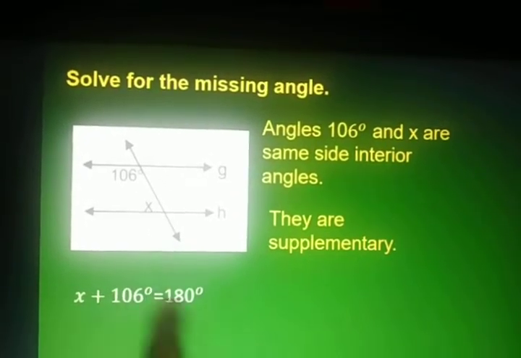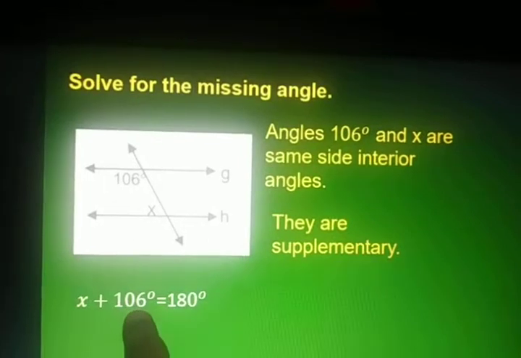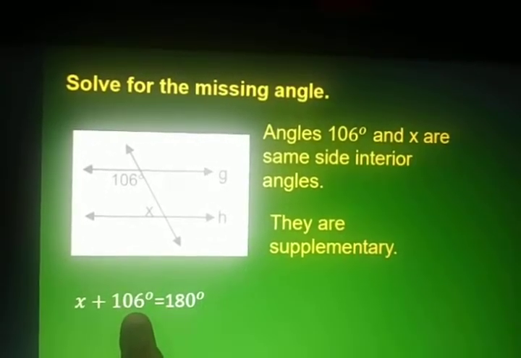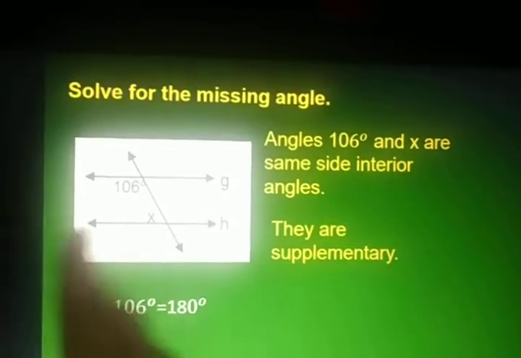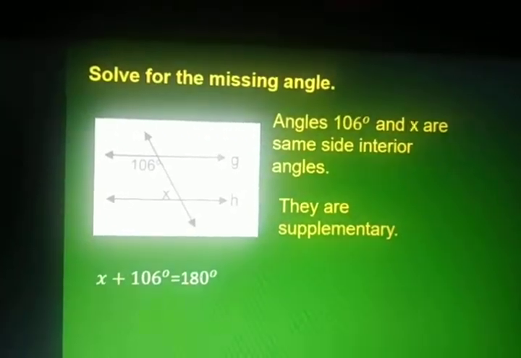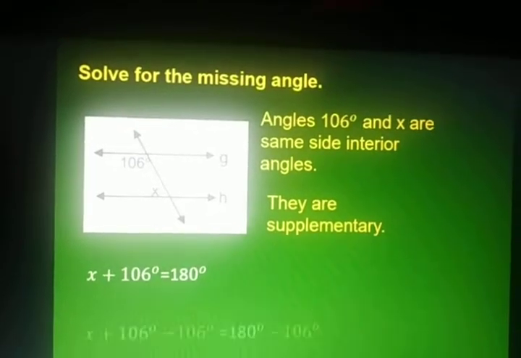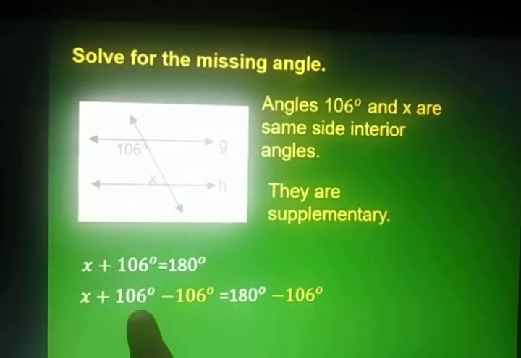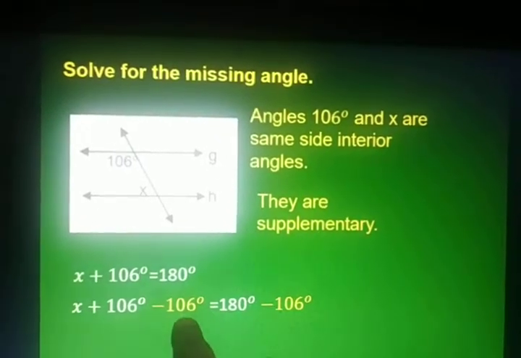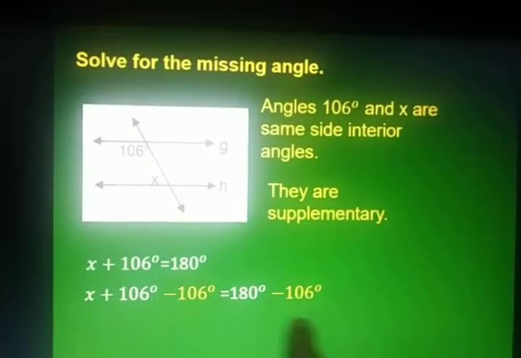To balance the equation, we need to put the inverse of your positive 106 on both sides. So, madugang ta negative 106 on both sides. Okay? So, we'll have x plus 106 degrees minus 106 degrees. Kung nagdugang ka negative 106 degrees, madugang ka man sa kabila to balance the equation.